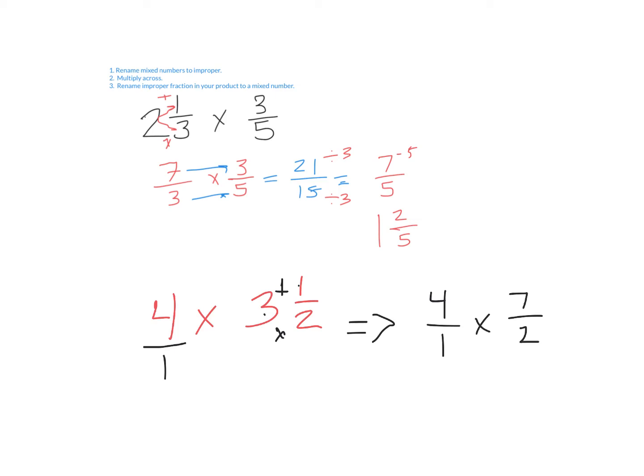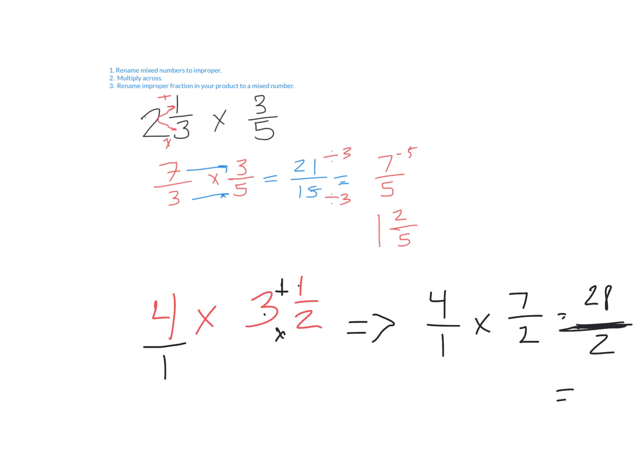And on the top, my numerator becomes 28. My denominator becomes 2. Now the cool thing is that this actually works out to be a whole number, because when I have 28 over 2, and if you remember, we're going to get into this later in division, this fraction line actually means division.